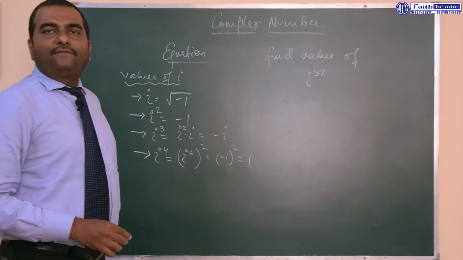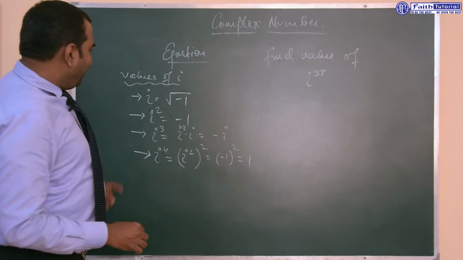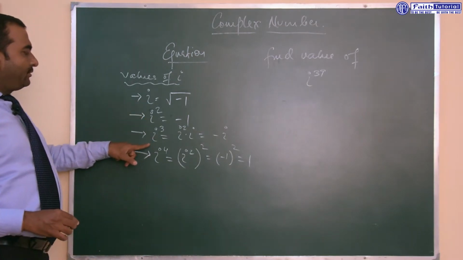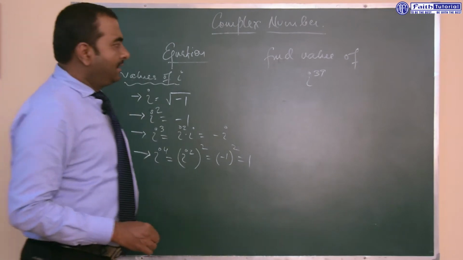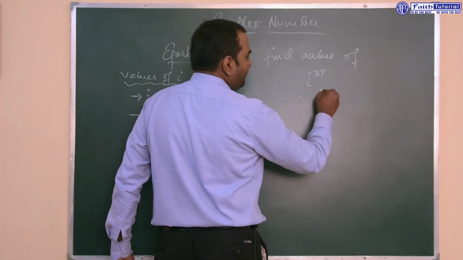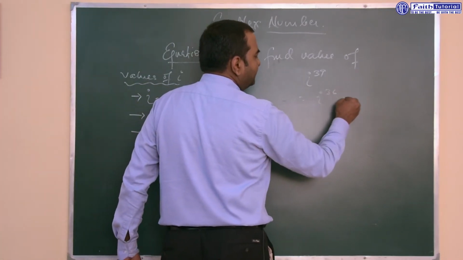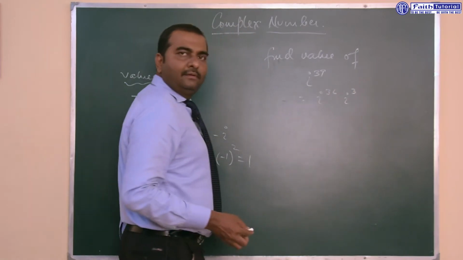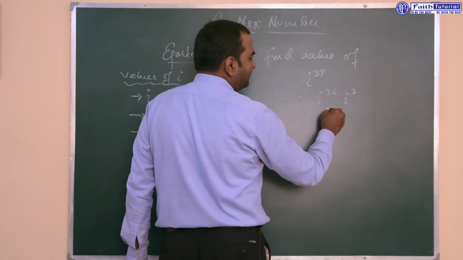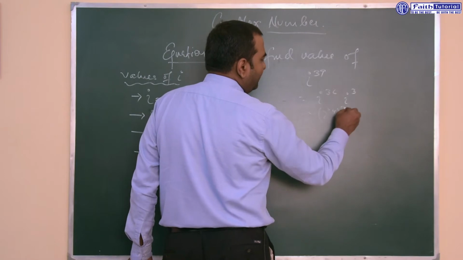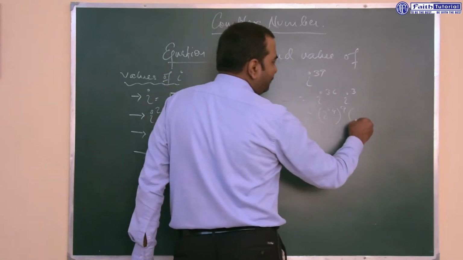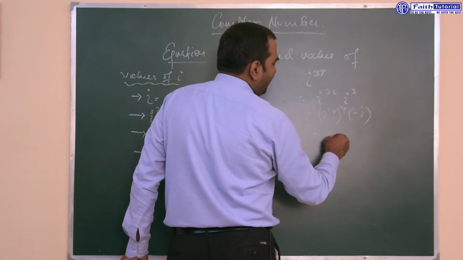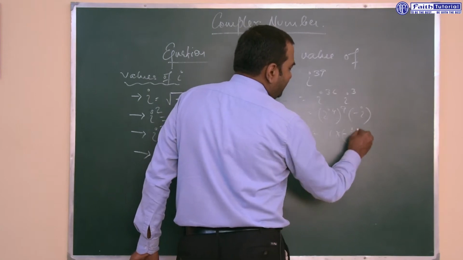How do we get the value of i to the power of 39? Again, we only have i square, i to the power of 3 and i to the power of 4. Now, just see what exactly we are doing. It's i to the power of 36 into i cube, and i to the power of 36 is i to the power of 4 whole thing to the power of 9 and into minus i. So, that is 1 into minus i, which is minus i.